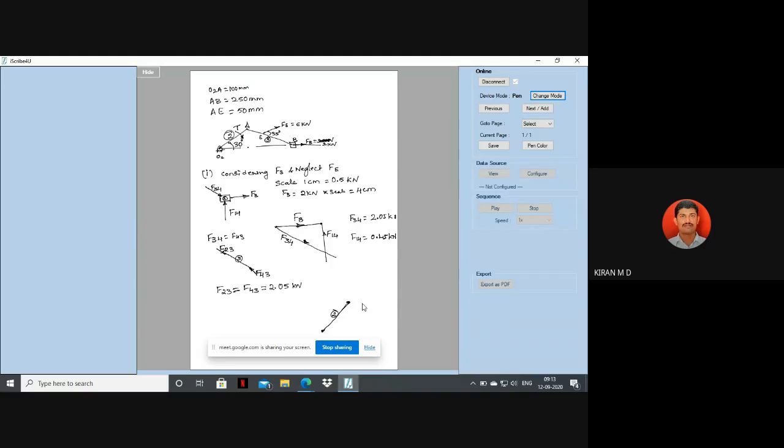Once you draw this one, what is the direction of force on this one? It is parallel to this connecting rod, this direction, correct? So you draw that one. Direction of which force, sir? One second, we'll show here.